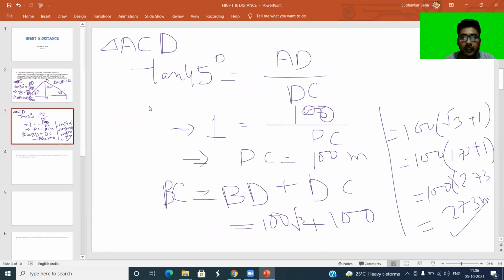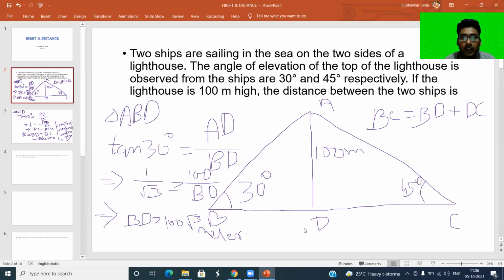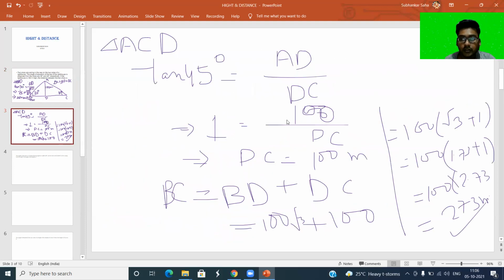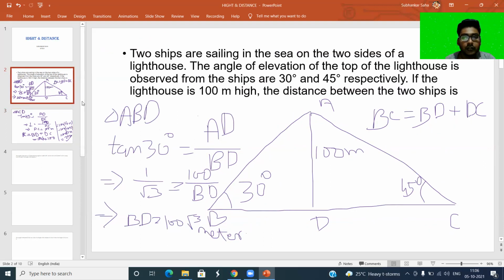AD is 100, and we need to find DC. Tan 45 is 1, so DC is equal to 100 meters. Then find the distance between the two ships.